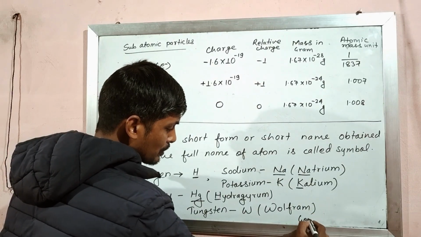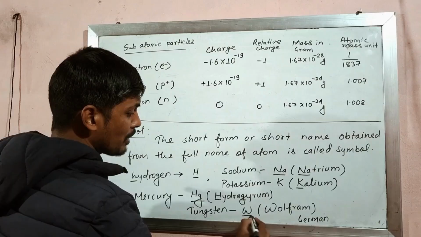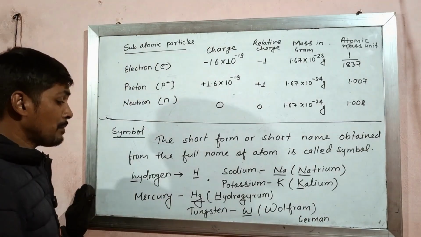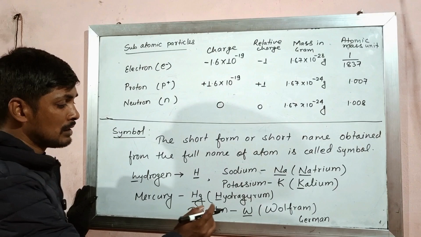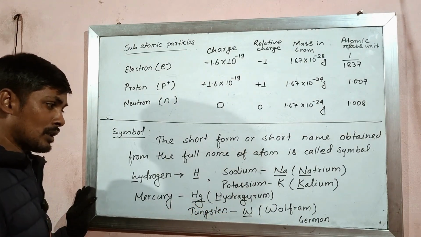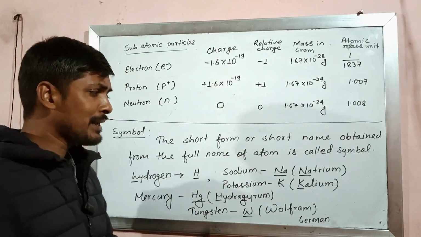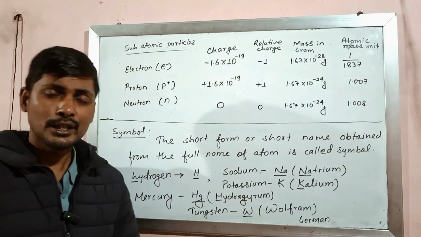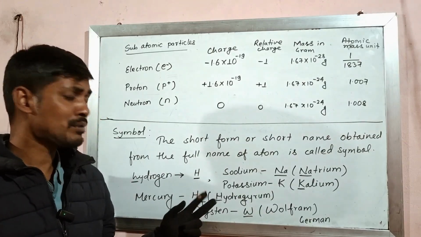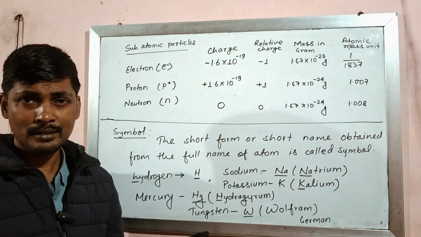This is the German word from which the symbol W is taken as the atomic symbol of tungsten. Now, there are many other elements and every element has its unique symbol. No two symbols of atoms are the same, but they are different.